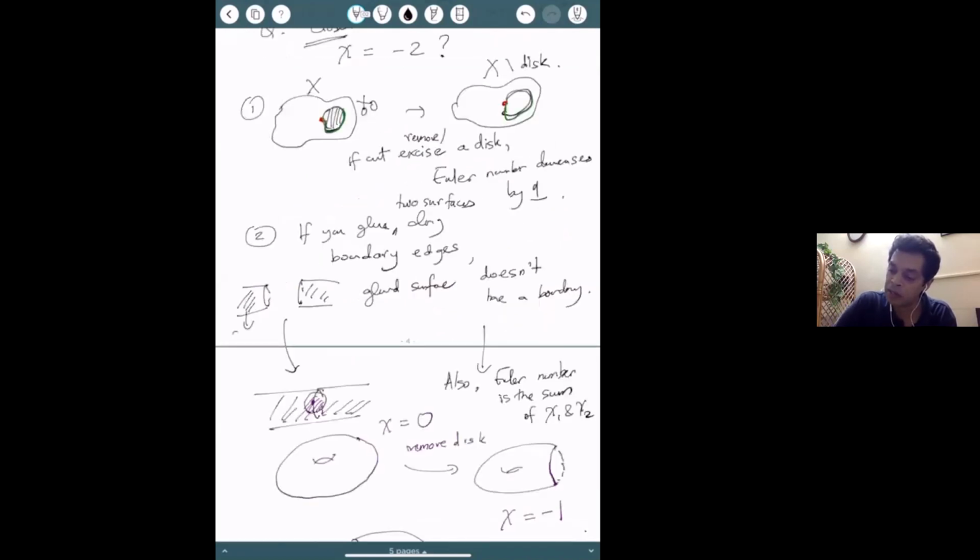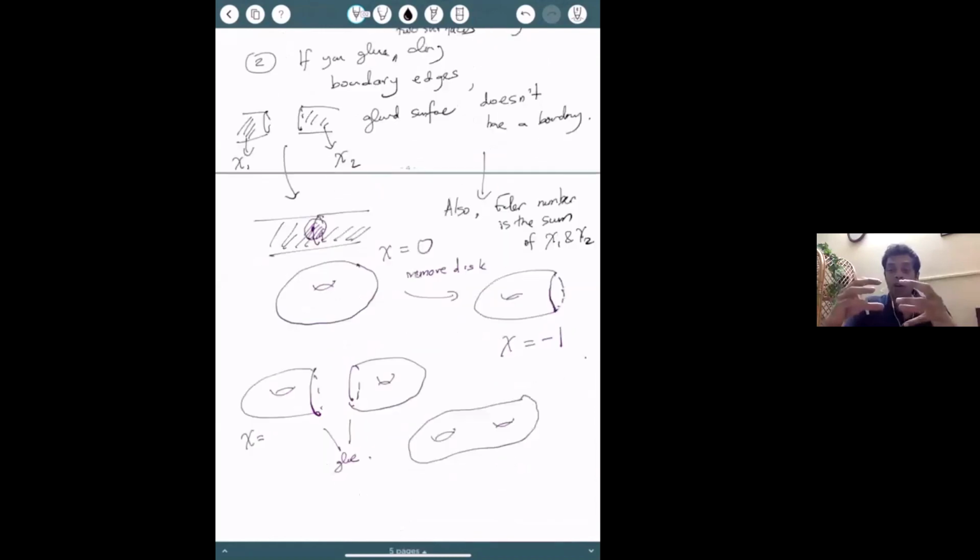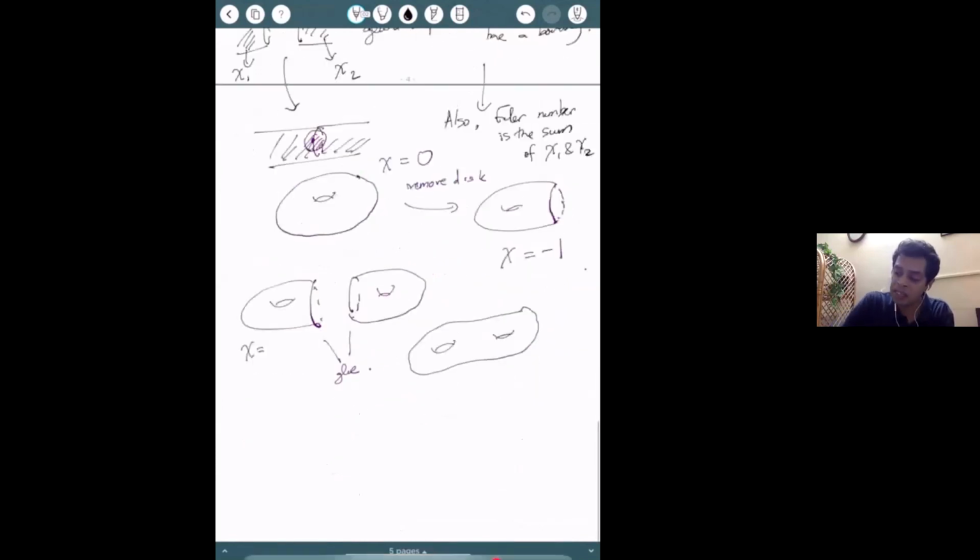So this surface has number chi1, this is surface chi2. When you glue them along these boundary edges, you can check, this is an exercise, that the Euler numbers add up. So in this case, chi1 is -1 and chi2 is also -1. And when you add up, you get a closed surface, which is -2.